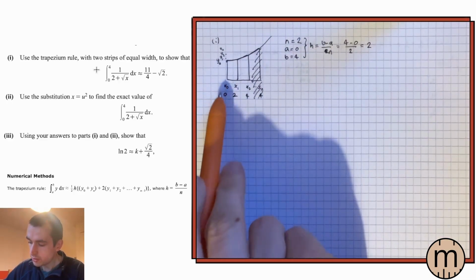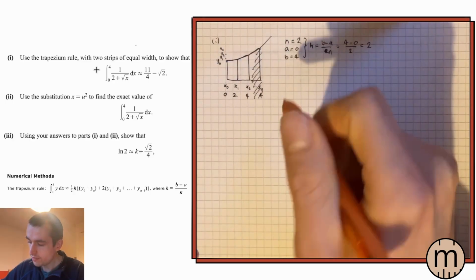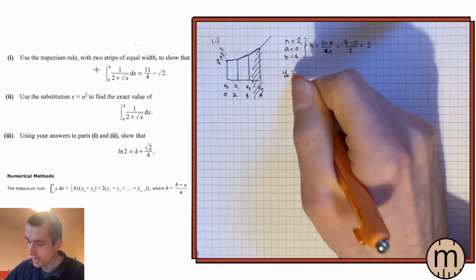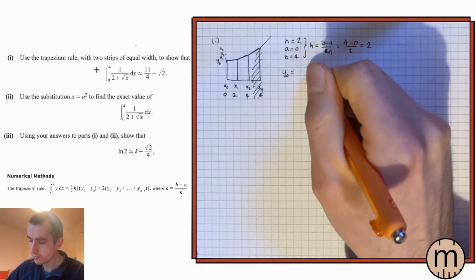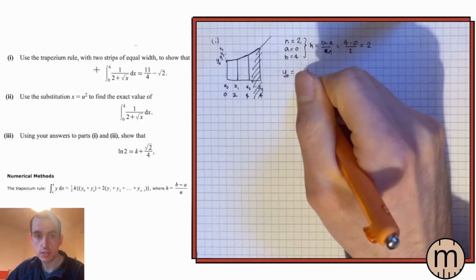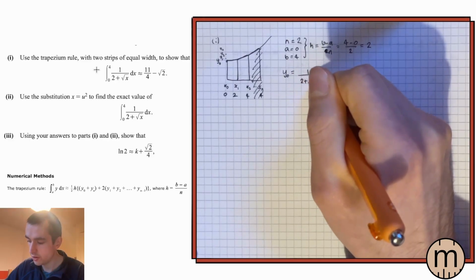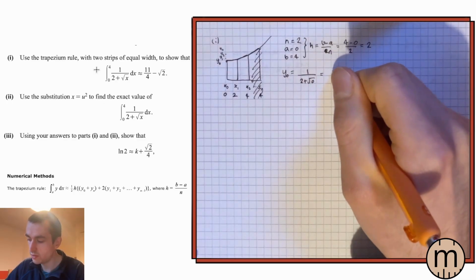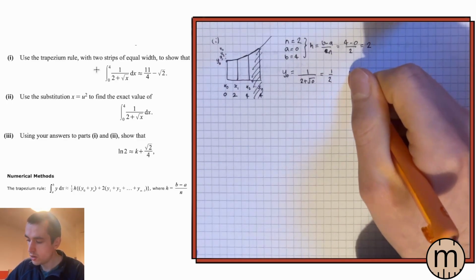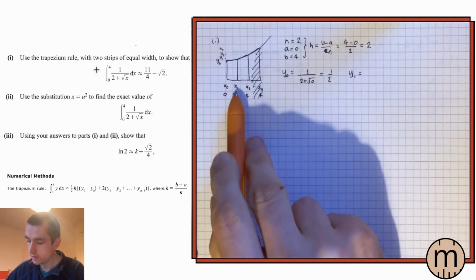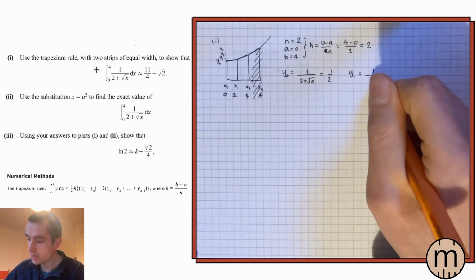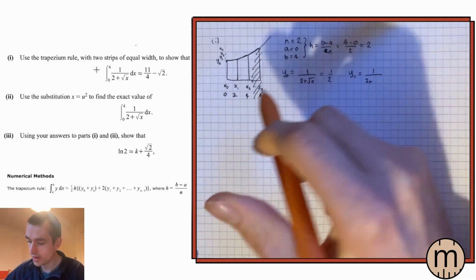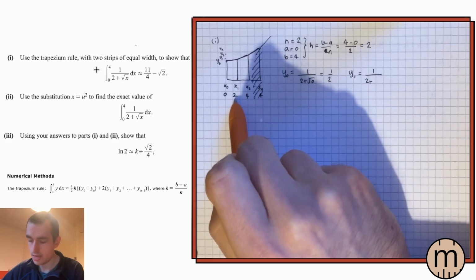So what about the corresponding y values then? What's the y value when x is equal to 0? Well, essentially it's saying sub in the value of x at 0. So 1/2 plus 0, 1/2. What's y1? That's saying evaluate the value of y when x1 is here, so 2.